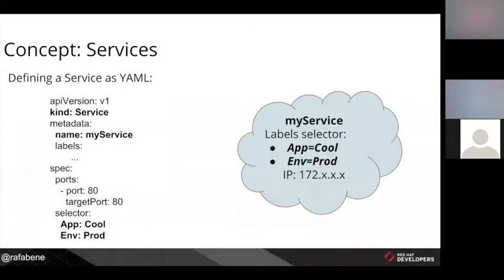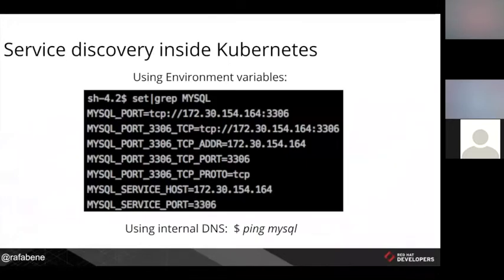And how do I specify a service? It's easy. The kind of the object is a service. I can specify a name and labels, and I have a specification of the service. So what is my inbound port and my destination port, and what are the selectors that I want to use? Okay. A good thing about services is that they provide embedded service discovery.